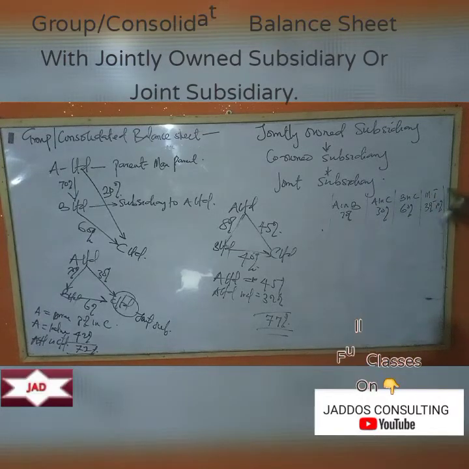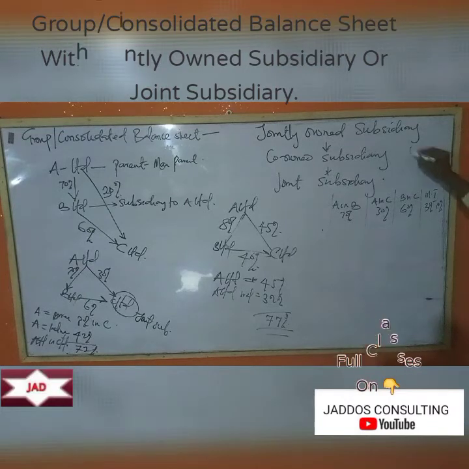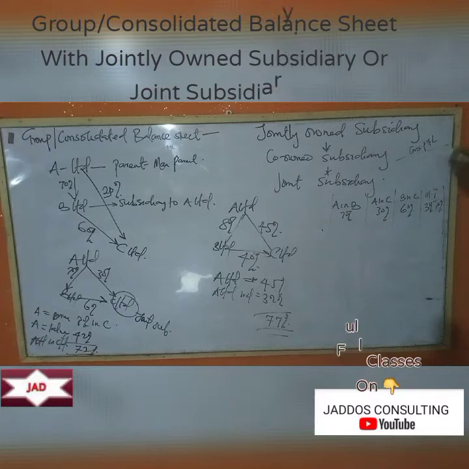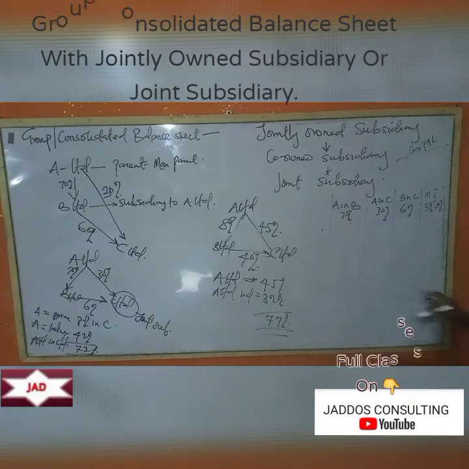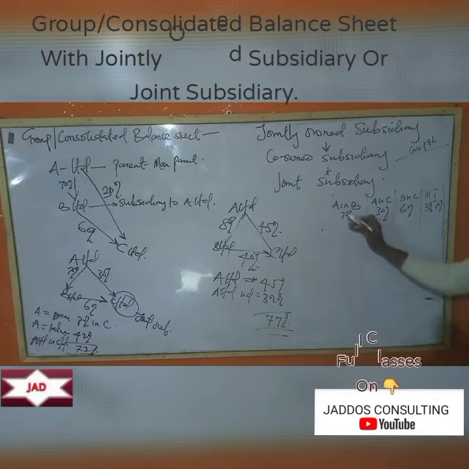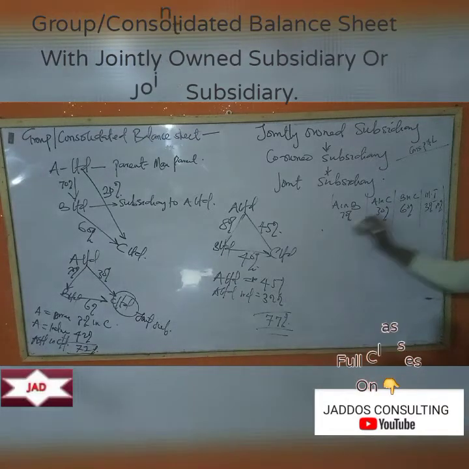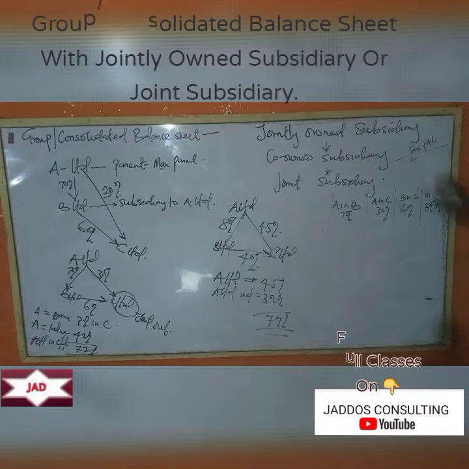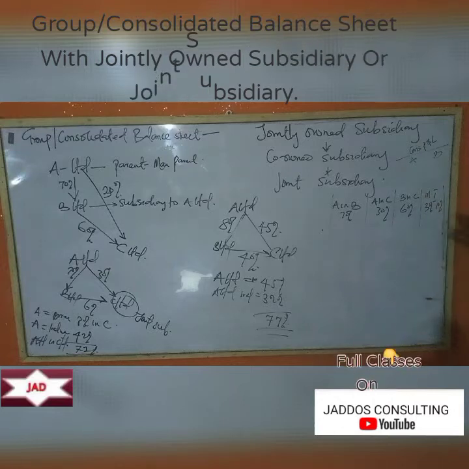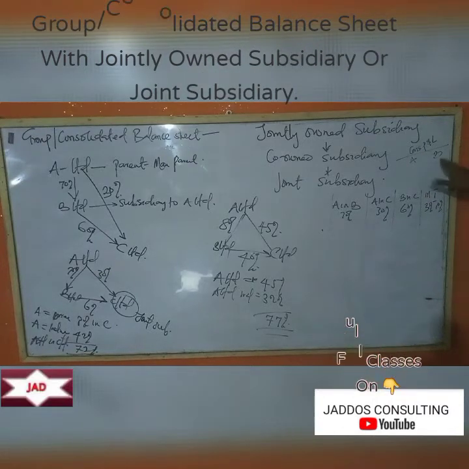Then you have something here called consolidated profit and loss. Under that, you're going to have two holding companies, because here B is holding 60%, A is holding 70%. That means A is the main holding company. So we have A, and then we also have B.